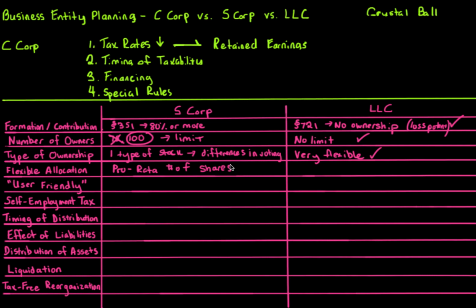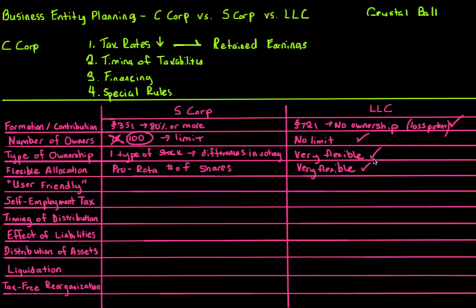LLC, though, if we have one owner that owns 40% and one owner that owns 60%, you can allocate profits, losses, all different types of ways. Again, very flexible. Now, the caveat to that, if you recall from the partnership rules, and this is why Subchapter K is one of the most difficult areas of not only the U.S. tax code, but all of the U.S. code, is the allocation must have substantial economic effect.